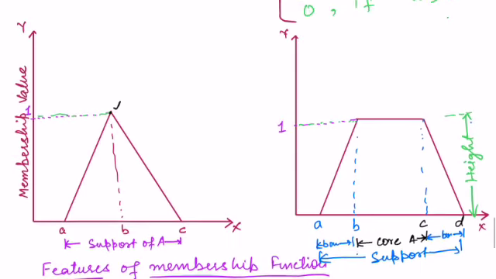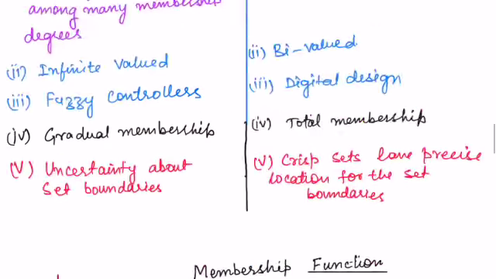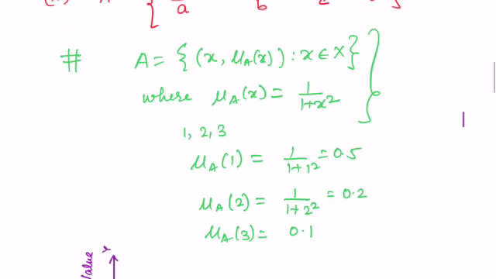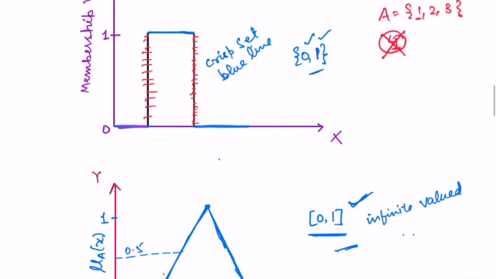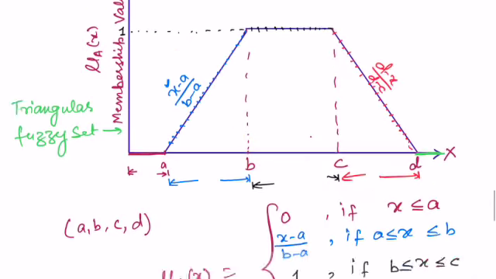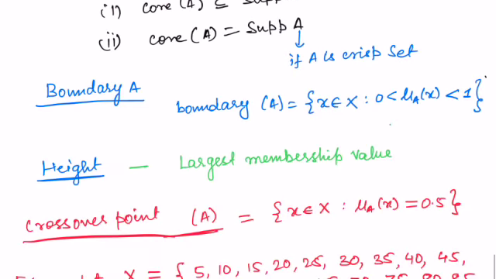There are two ways to represent a fuzzy set. One is to write the element and its membership grade, then the next element and its membership grade, and so on. And another way of writing is this. We are following the very first way of representing.